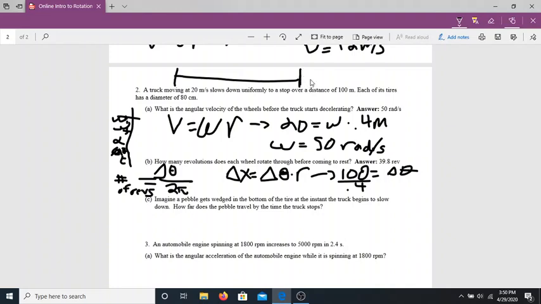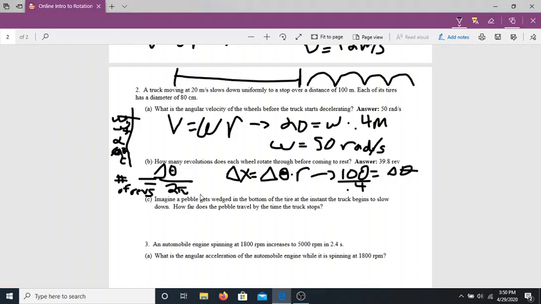But the other issue is that while that pebble was traveling forward, it was also being spun around on the tire, which means it starts to look, actually, as it's traveling, something like this. Which means the total distance it travels is not just the 100 meters it went from left to right. It also has to include the distance it went around the circle as it was moving, as the whole truck was moving to the right.